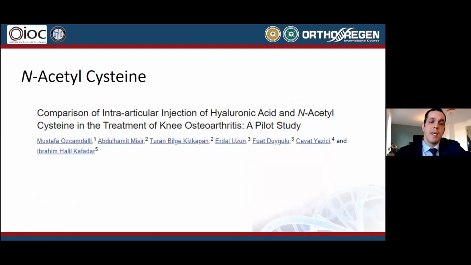The next supplement is N-acetylcysteine, which is a precursor of the most powerful antioxidant in our body, called glutathione. And this article here did a comparison between hyaluronic acid alone and N-acetylcysteine alone injected inside the knee joint.